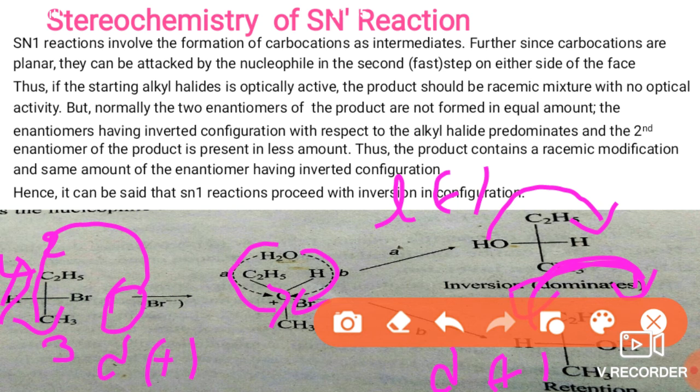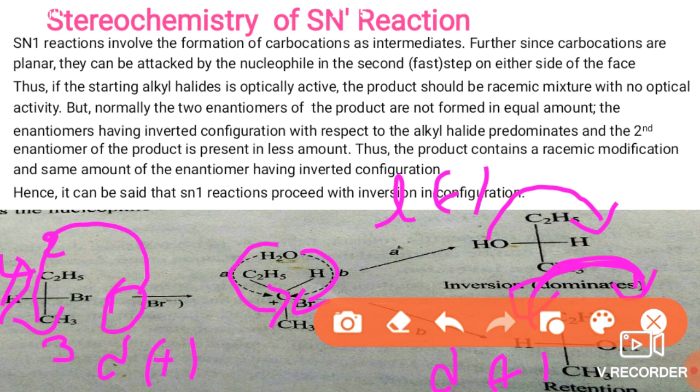Here the optical activity is zero because the rotation of the dextrorotatory tertiary butyl alcohol is cancelled by the rotation of the levorotatory tertiary butyl alcohol. So the two products, the inversion configuration and the retention configuration, are optically inactive in nature.